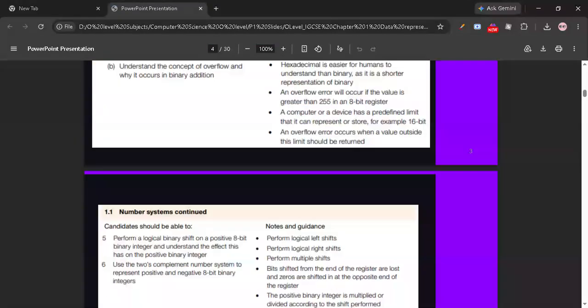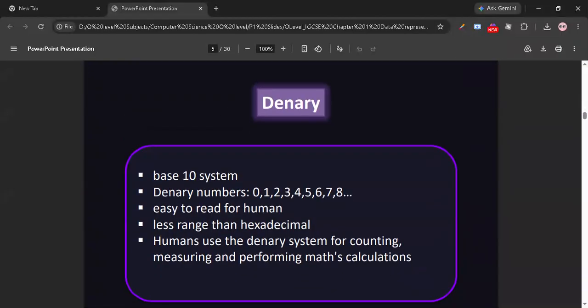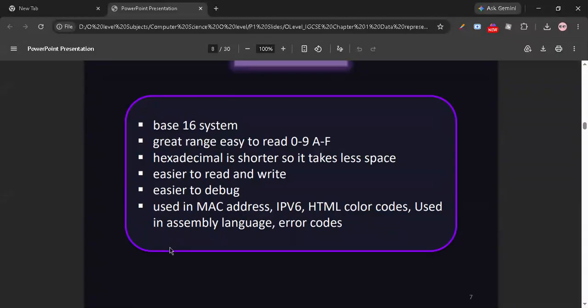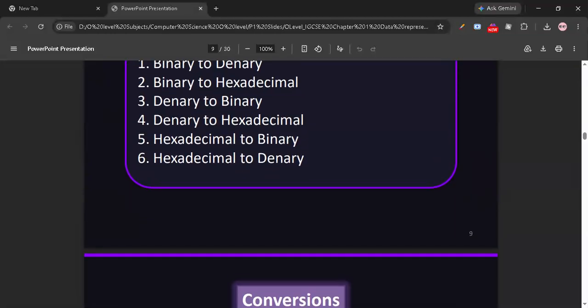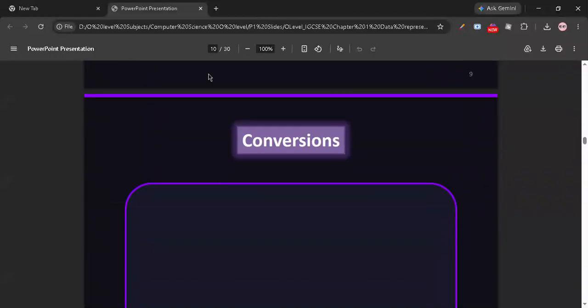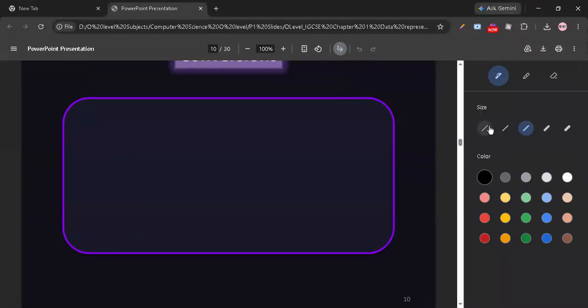Next we are going to move on to the next one. Sorry, all right, the next conversion is the last conversion, which is hexadecimal to denary. So how do we do that?